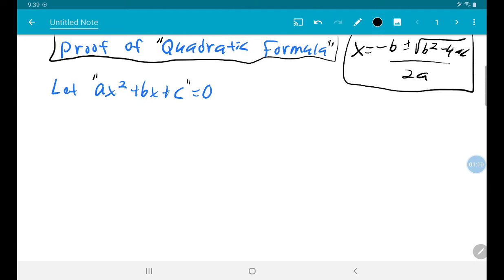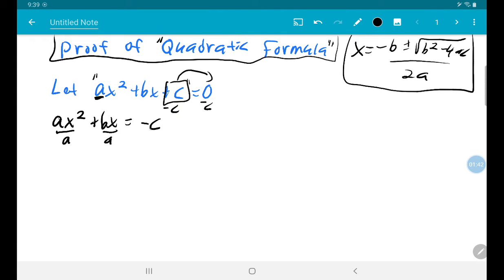So first off, if you recall from when we talked about completing the square, first thing I want to do is to take this term, which does not have an x, and move it to the other side. So I'm going to get ax squared plus bx would equal negative c. Now, when your leading coefficient or the coefficient in front of your highest term is not 1, what you want to do is to make it 1.